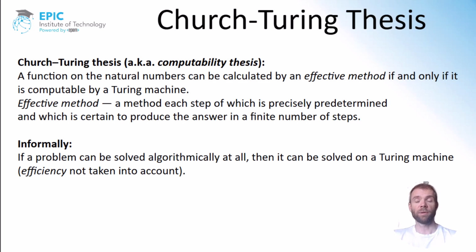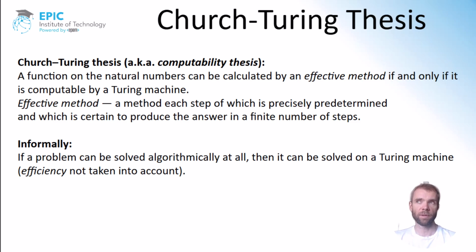Okay, so anyways, at that time some models were proposed. Among them, two probably most influential were Church's and Turing's. And both Church and Turing were able to prove that if some procedure can be implemented using a Turing machine, then it can be implemented using lambda calculus and vice versa.